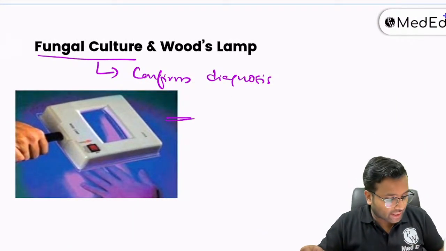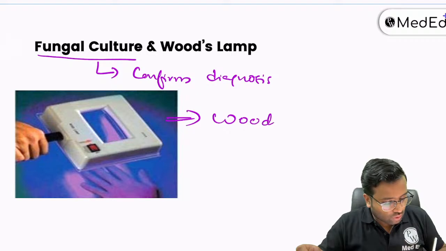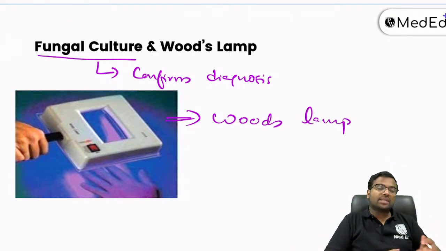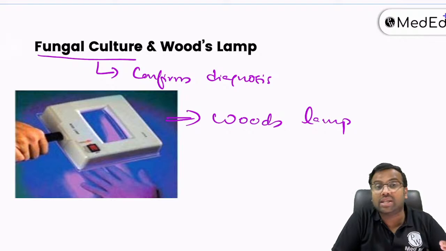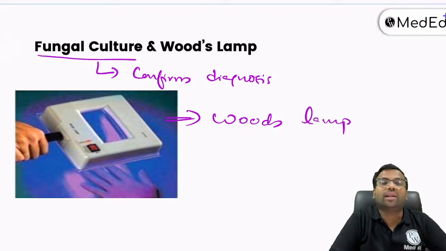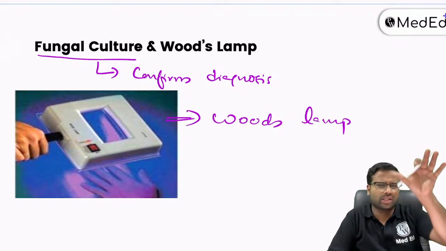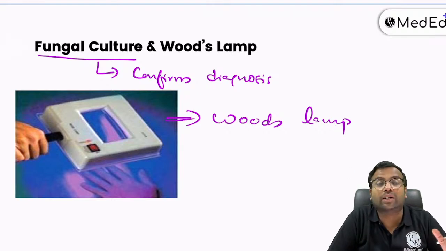Very good. So this is called the Wood's lamp. Excellent. It is called the Wood's lamp because with it we can see some colored fluorescence from the diseased skin. The color can be red, green or yellow, and based on these colors we will be able to make out a diagnosis as well, because there is a chart which says that red color means erythrasma, isn't it?